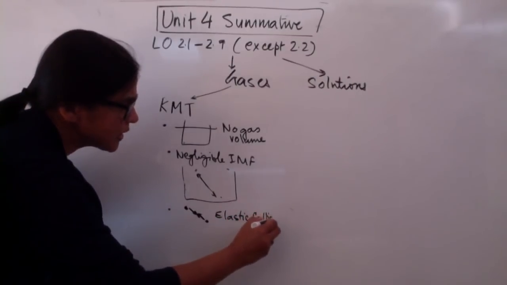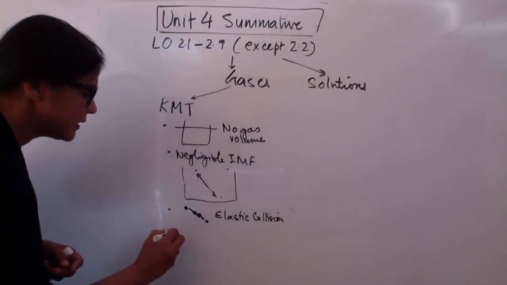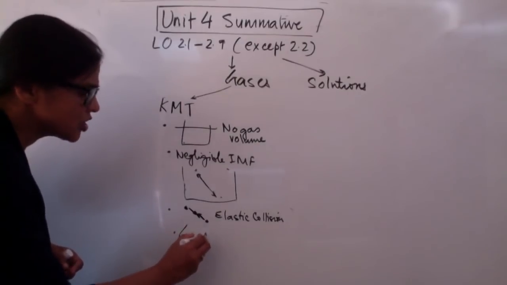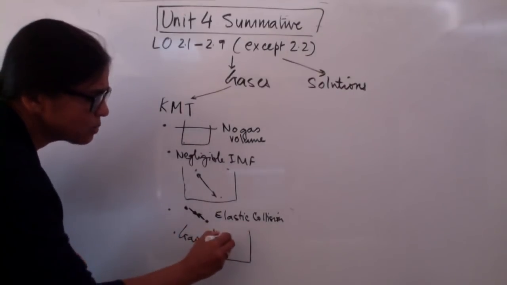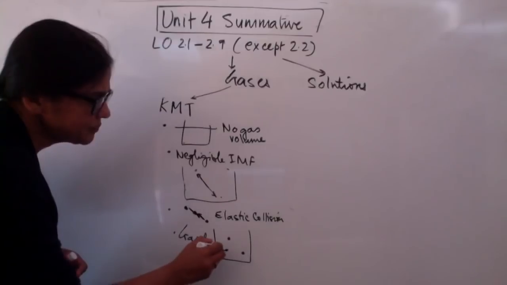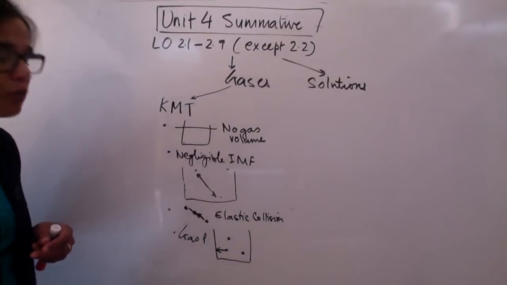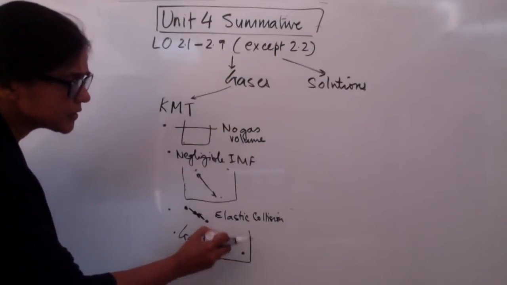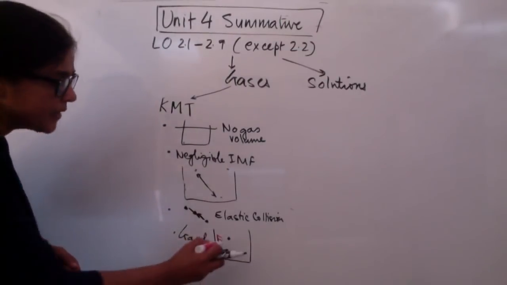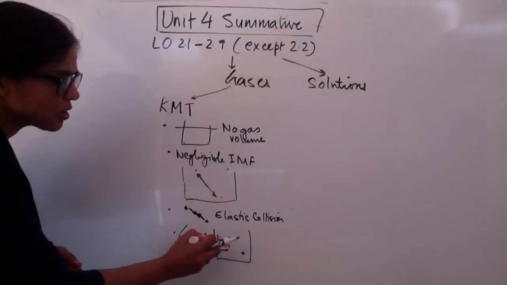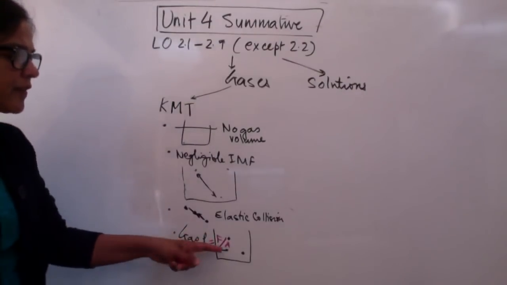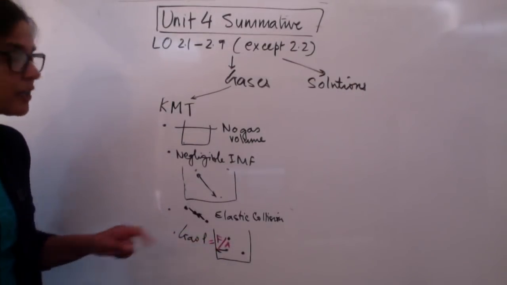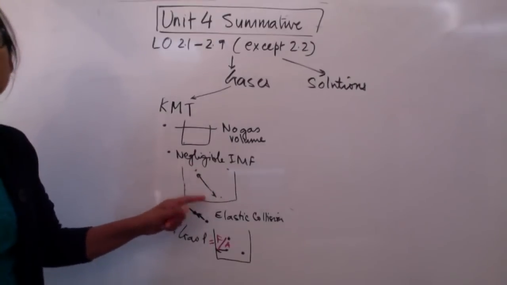The next postulate of KMT says that gas pressure is generated when the gas particles hit or collide with the wall of the container. And every time a gas particle collides with the wall of the container, it exerts a force. This force per unit area is called pressure. So pressure is generated when the gas particles hit the wall of the container, not when they hit each other.